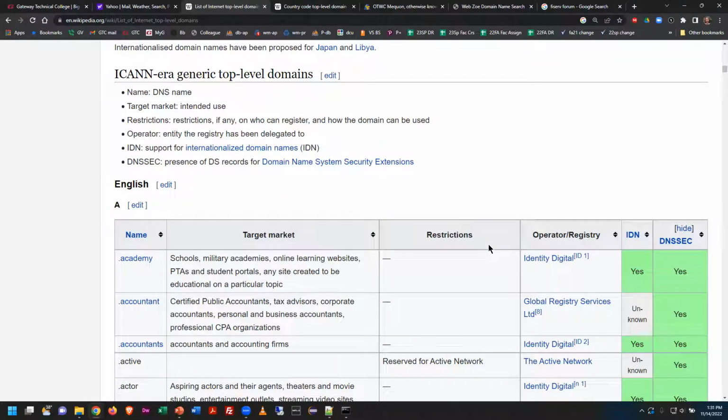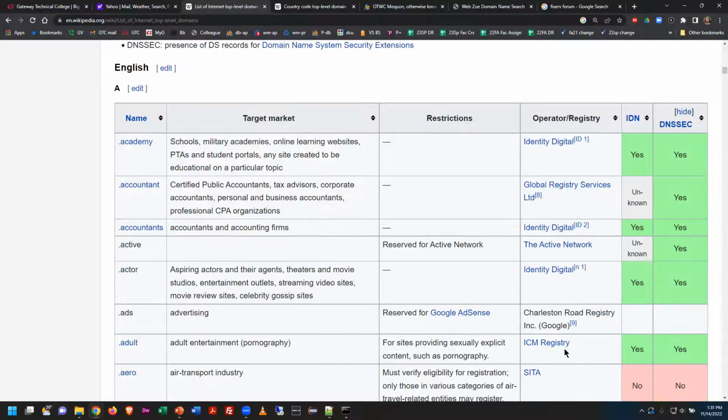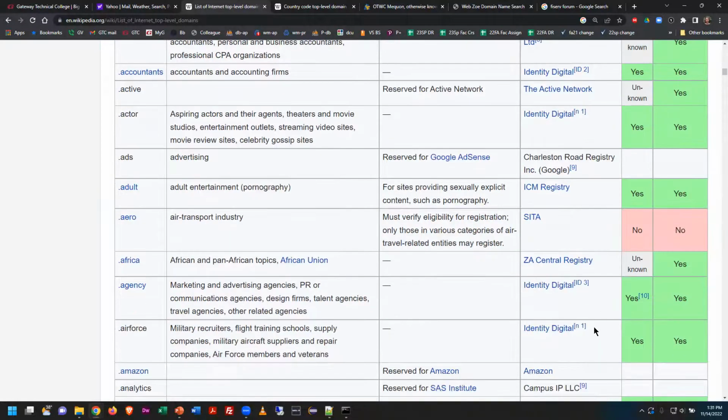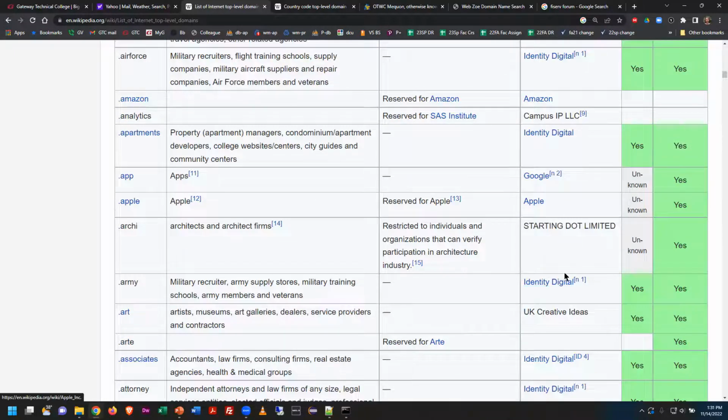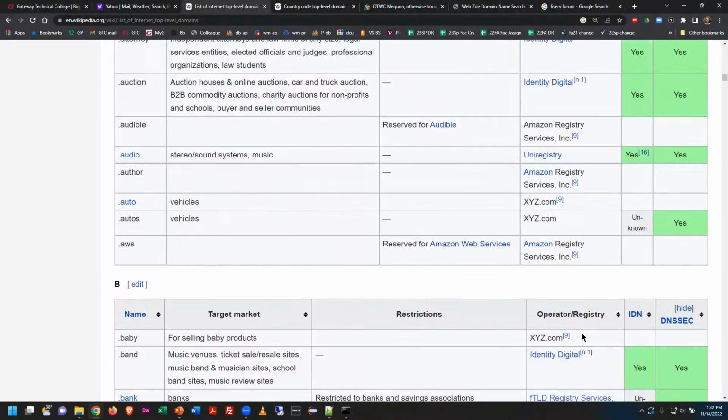For example, let's say you've got a really weird last name and you have big money behind you, you can go out there and buy that top-level domain and then sell it to others, or just have it created, and it does cost more. Some of these, you notice, are handled by very specific companies, so not every company will sell every domain, right?